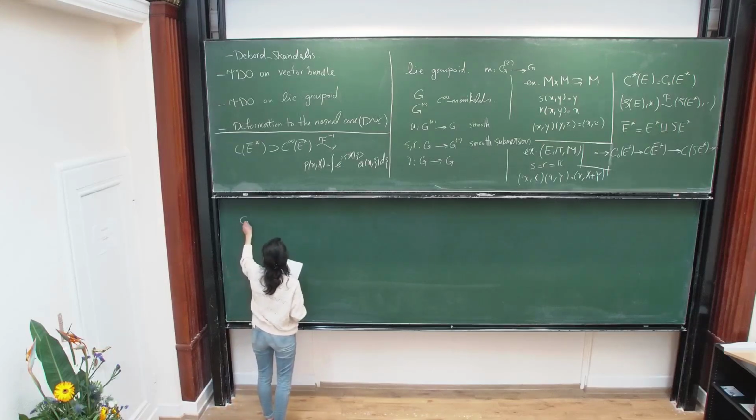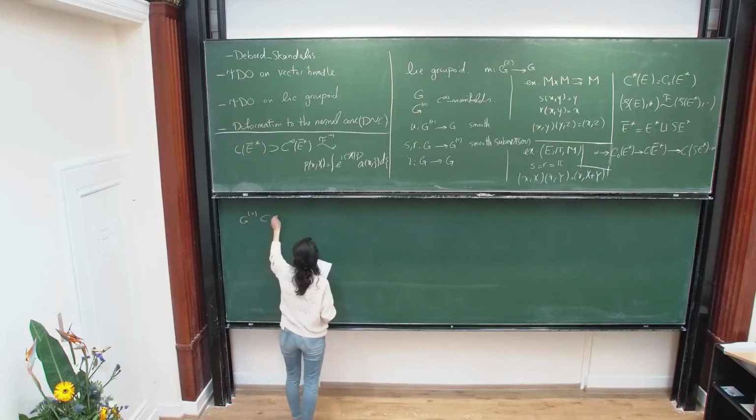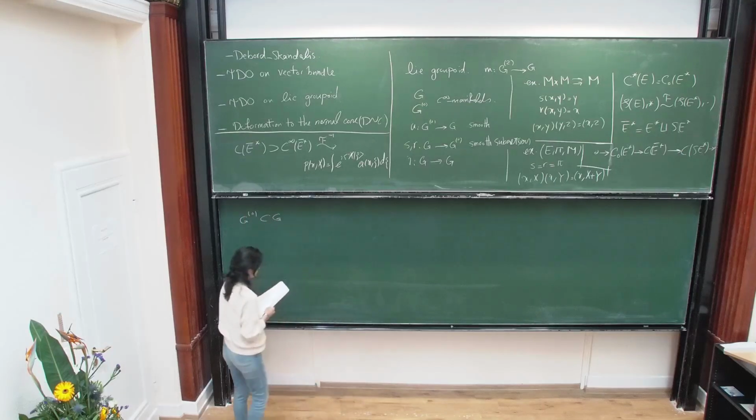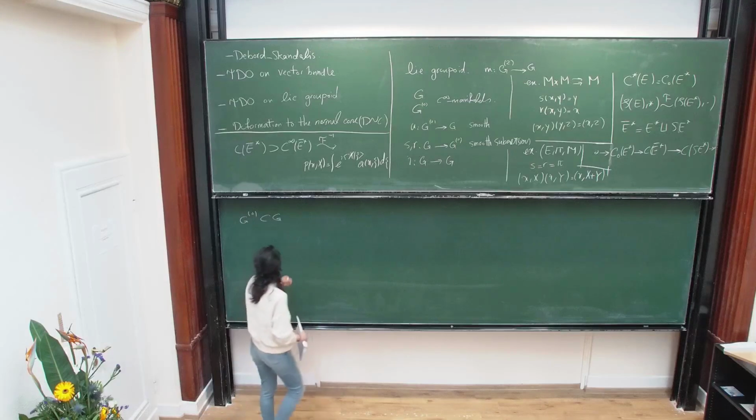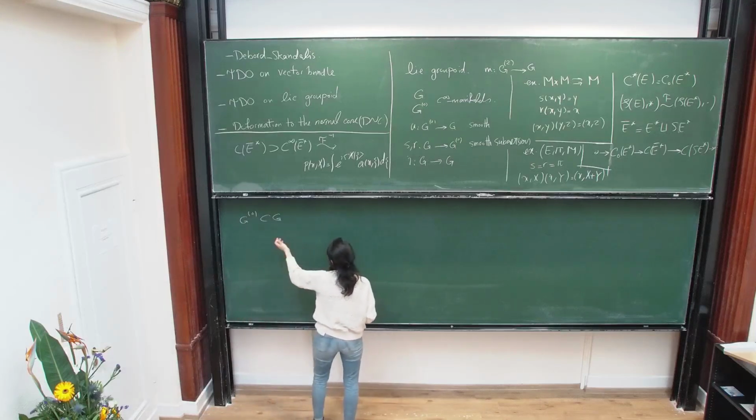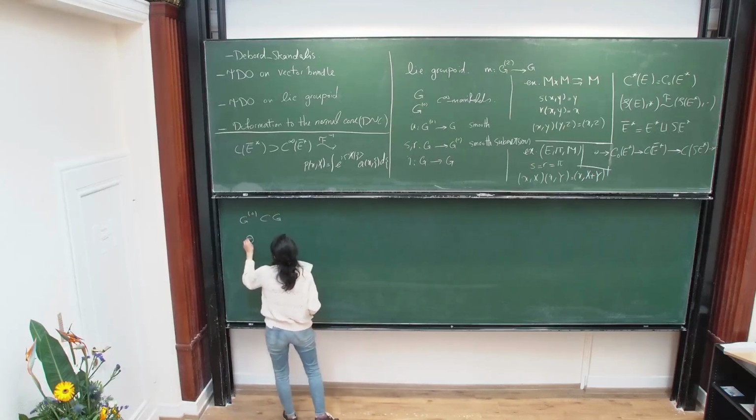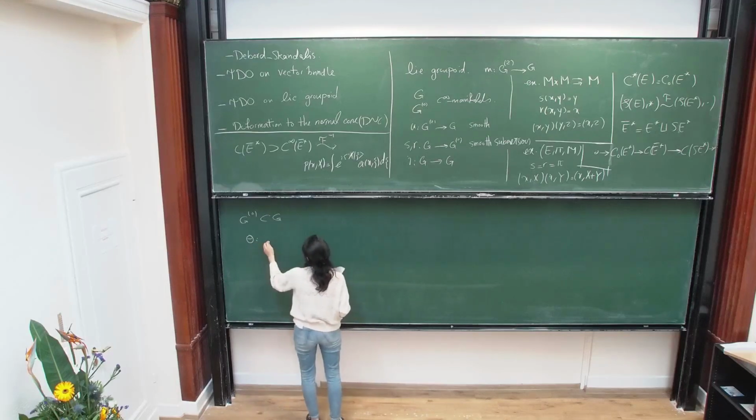I have G0 as an embedded submanifold in G, and I can use the inverse mapping theorem to define a diffeomorphism from N to V. What is N?